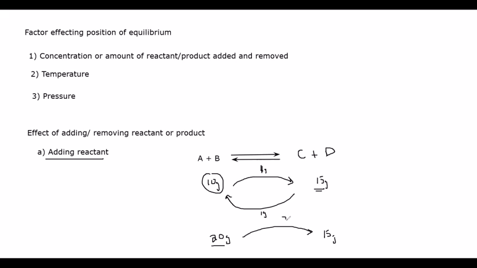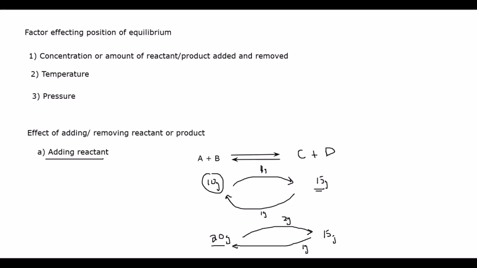The 20 grams will form 2 grams, because more reactant means more product. And still we have 15 grams of product, which will make 1 gram of reactant. So which reaction is faster here? The forward reaction occurs at a faster or greater rate.